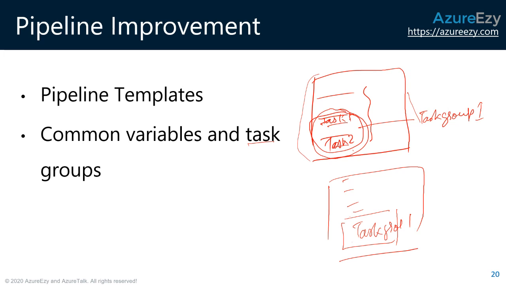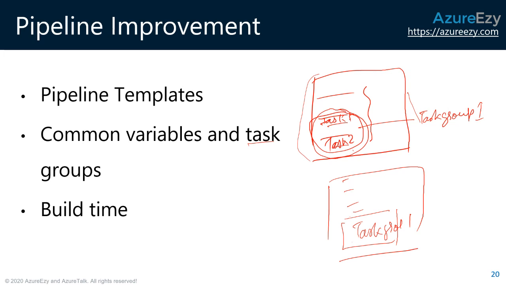For that you can use a task group, and that is how you can improve the pipelines in your infrastructure from the reusability point of view, and the standardizing point of view.